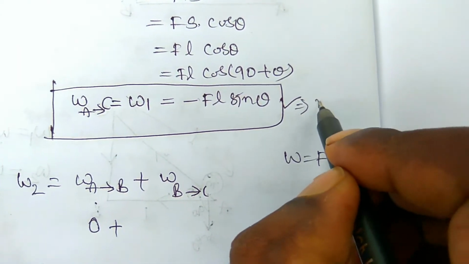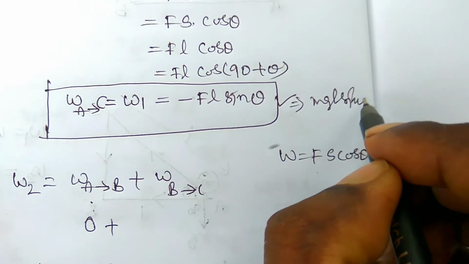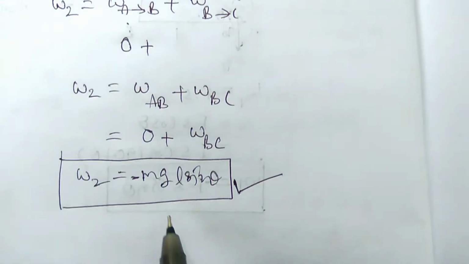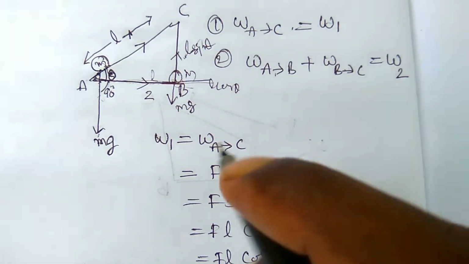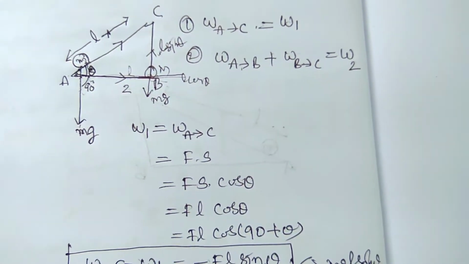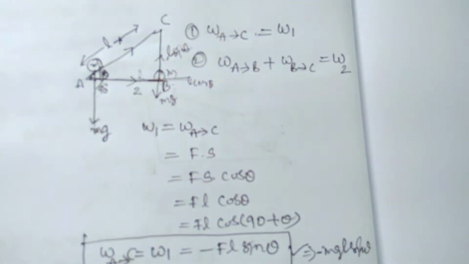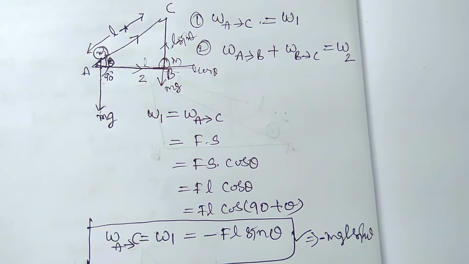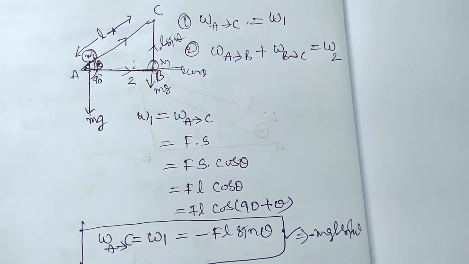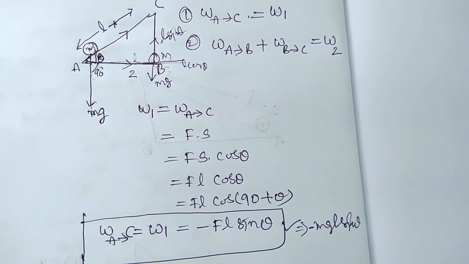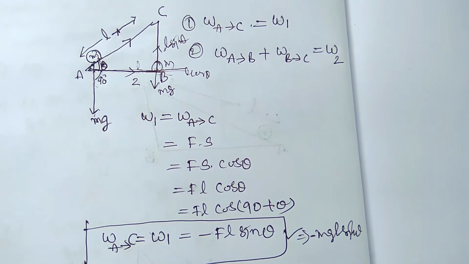So whatever the path, the work done should be equal. This is the conservative force. Hence, we concluded that conservative forces do not depend upon the path. They depend only on the initial and final position of the object.